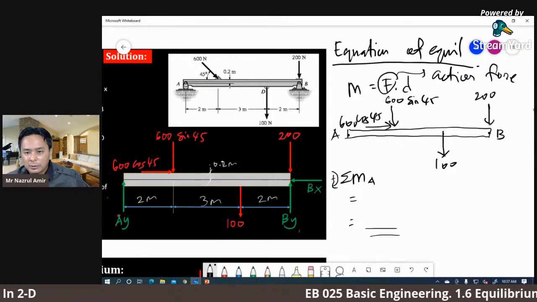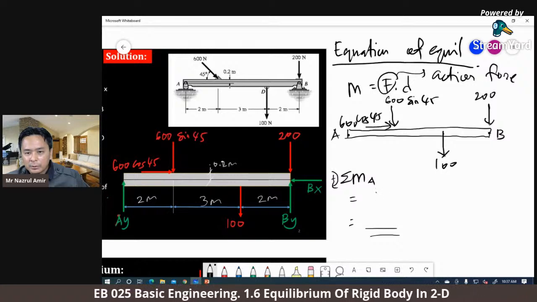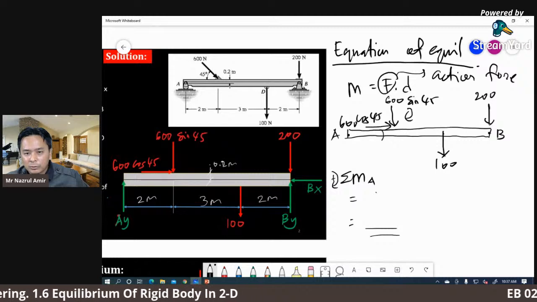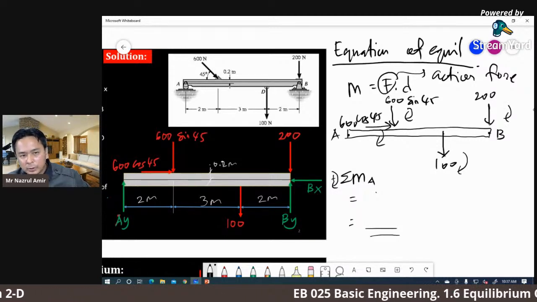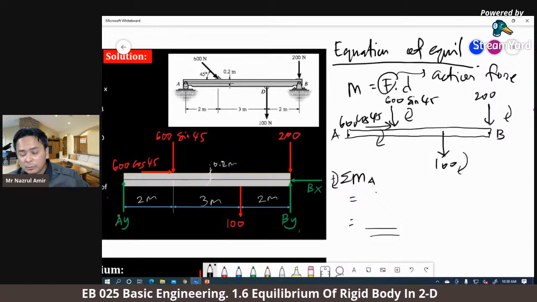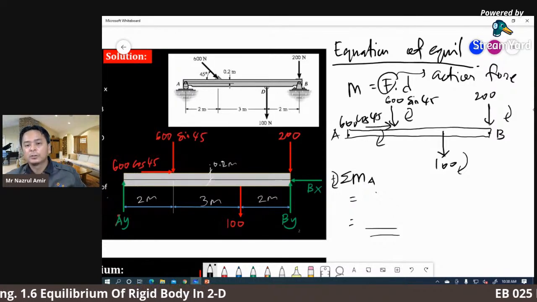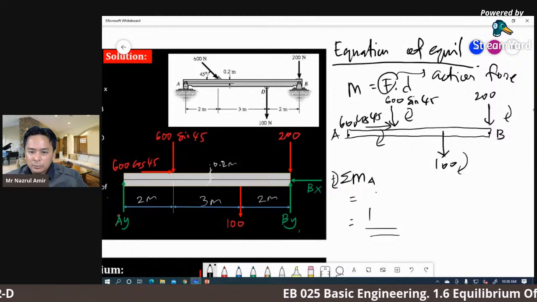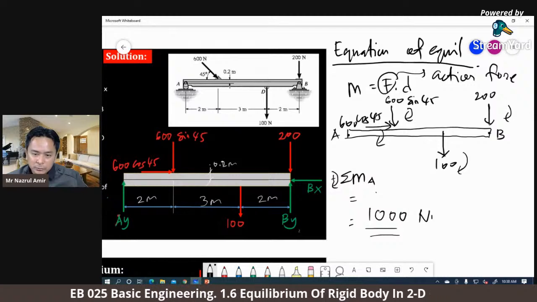For example, the first component here will produce clockwise. This one also produces clockwise. This one produces clockwise. As you can see, all the 4 forces will produce clockwise moment at point A. So it will give quite a large amount of moment at point A. Let's say the value of all the forces that produce moment equals 1000 Newton meter.